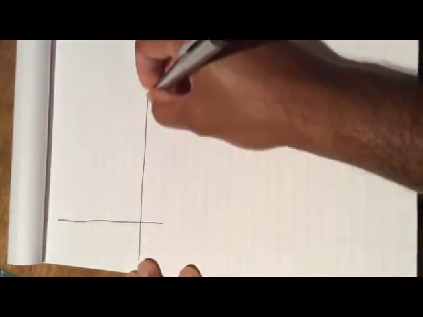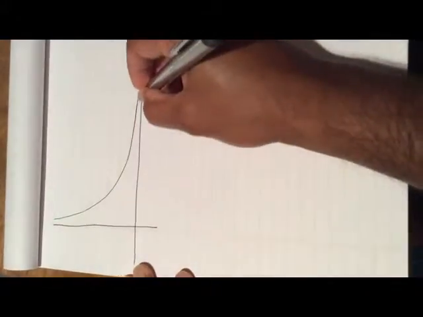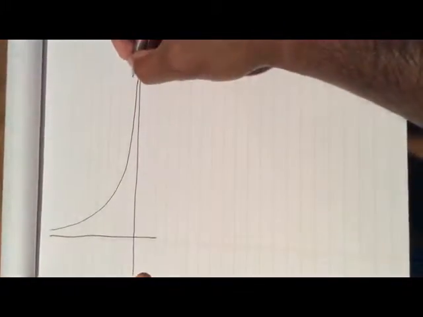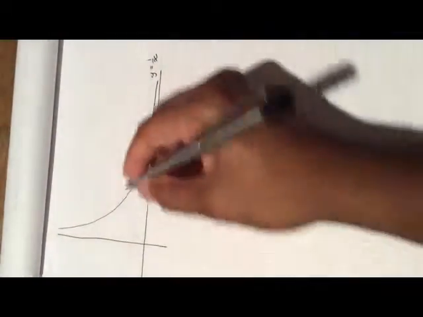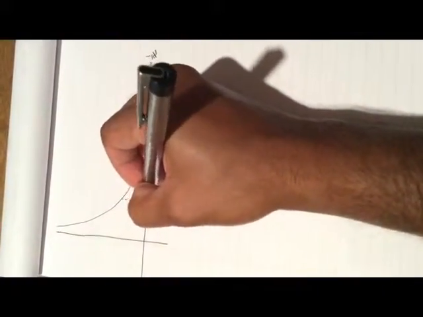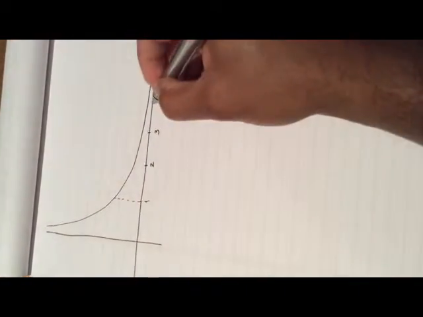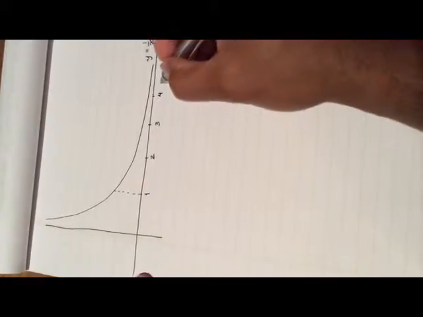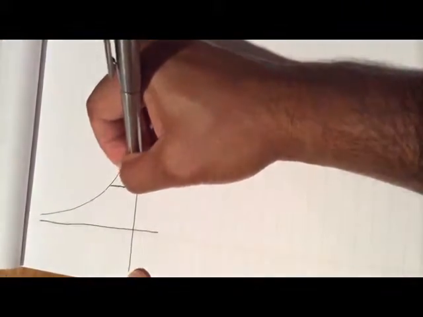I'm going to draw the graph of the function, this is y equals 1 over x. Okay. So let's say this right here is 1, 2, 3, 4, and so on. So I'm going to draw some rectangles here.